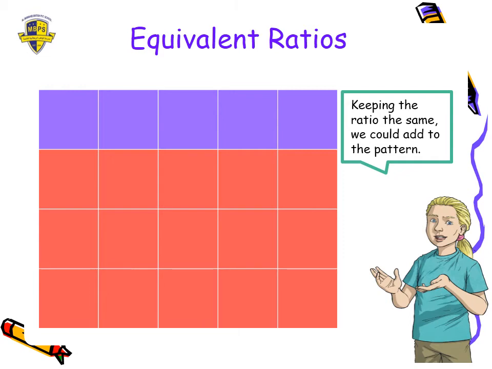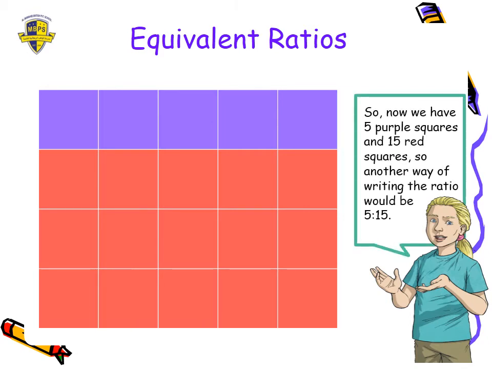Excellent. And how many red? 15. Good. So now this ratio 5 to 15 is also equivalent to 4 to 12 or 1 to 3. So if we keep adding in the same pattern or same ratio, this gives me equivalent ratios.